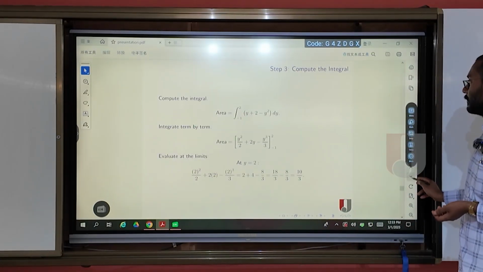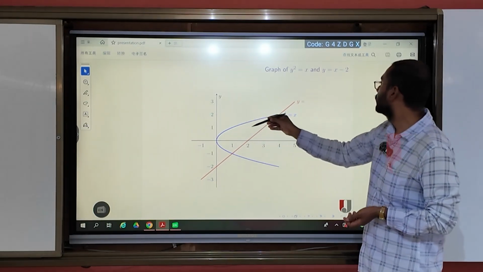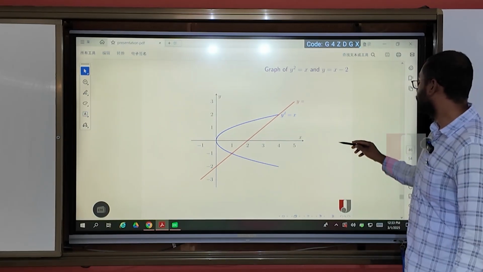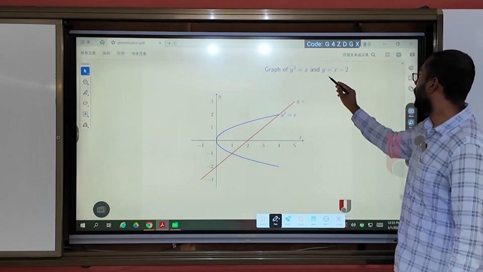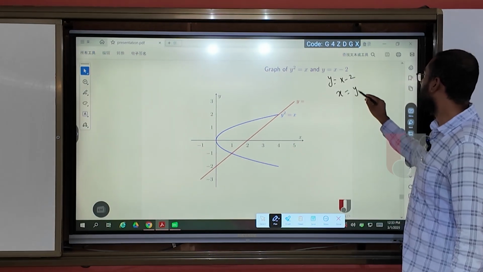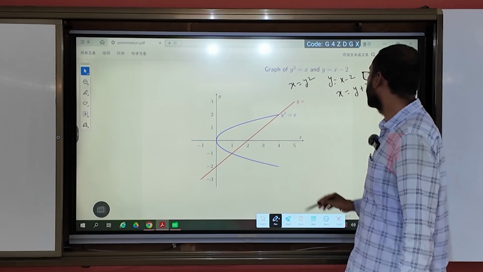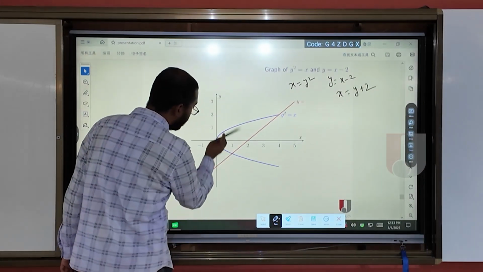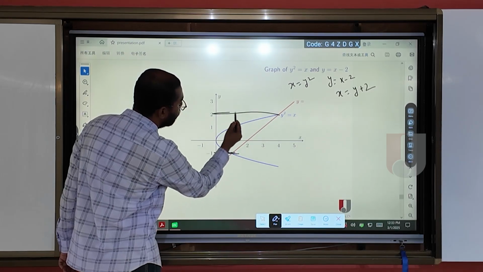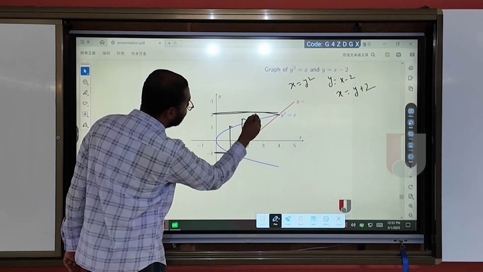Now see the curve, from here to here, y plus 2 to y square, because y equal to x minus 2, so x is coming y plus 2, and y square equal to x, so x is y square. From here to here, you can see this is the minus 1 line and this is the 2 line. Now we are doing it inside that zone, from here to here.